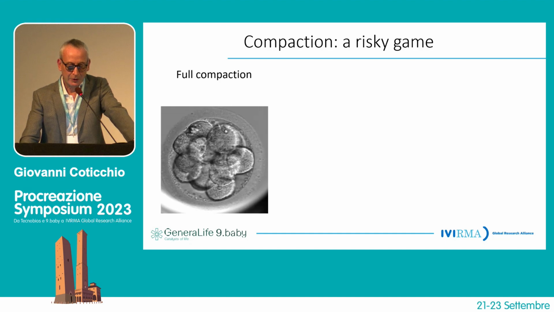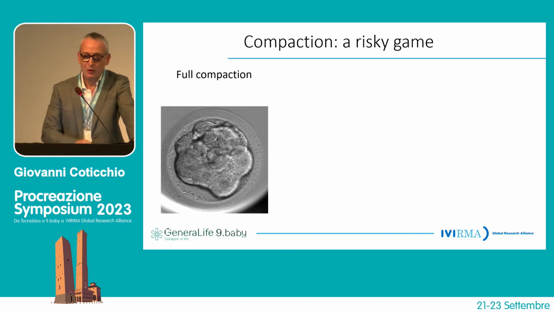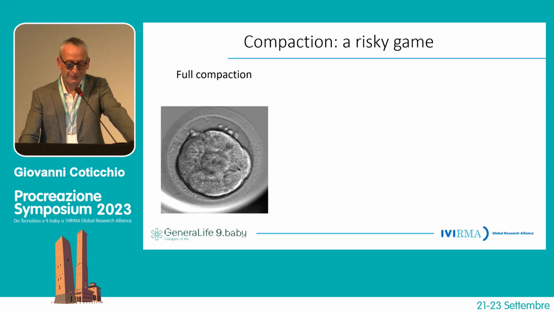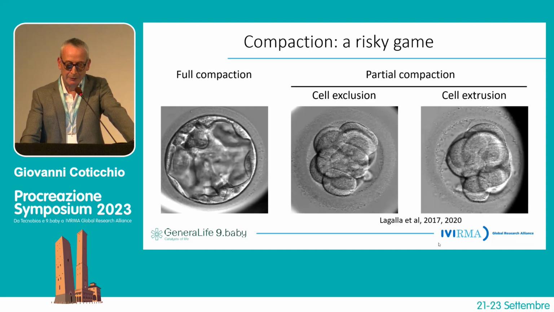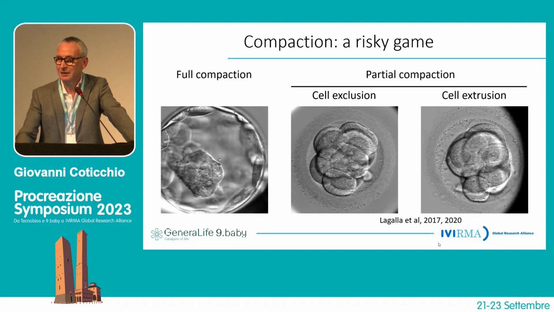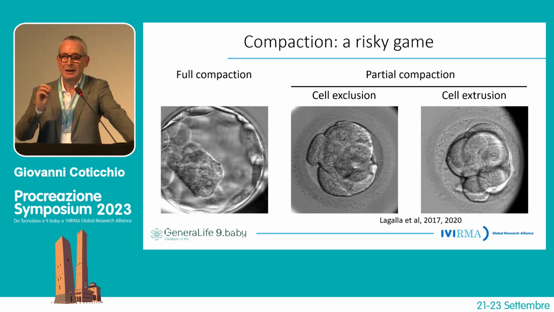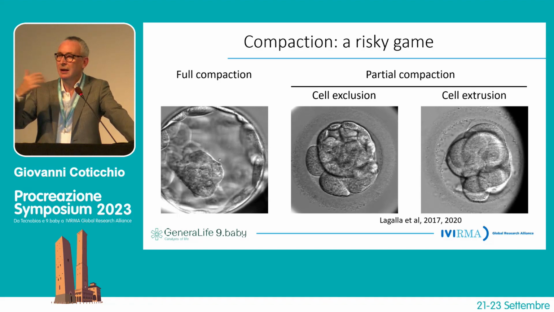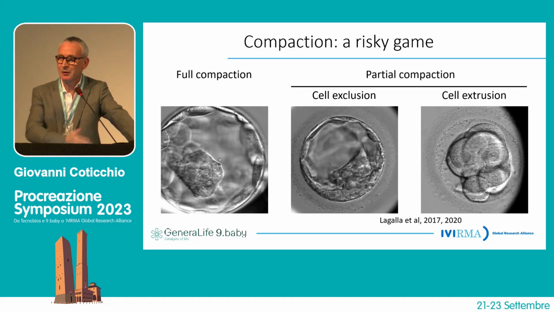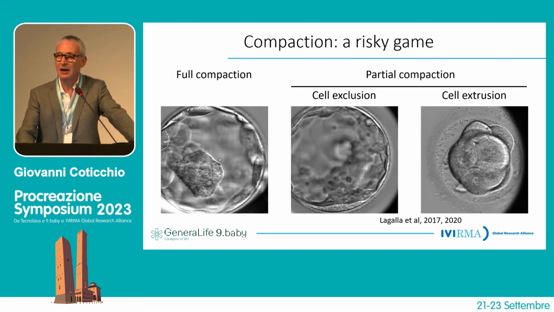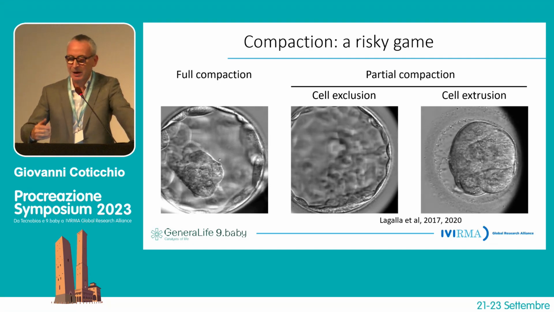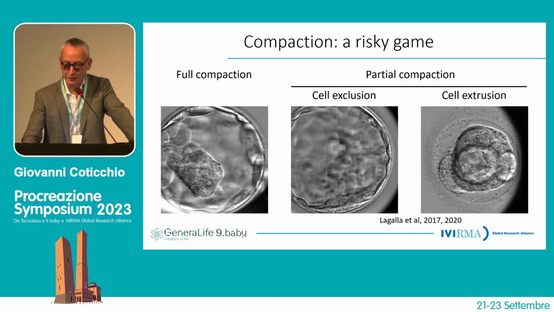And of course, we would like to see a morula undergoing full compaction and forming a beautiful blastocyst. But we've seen over the last several years that there are parts of the embryo that fail to compact, and they do so according to specific patterns. Other cells fail to be included in the compaction process from the beginning, or they can initially undergo compaction and only afterwards be excluded.